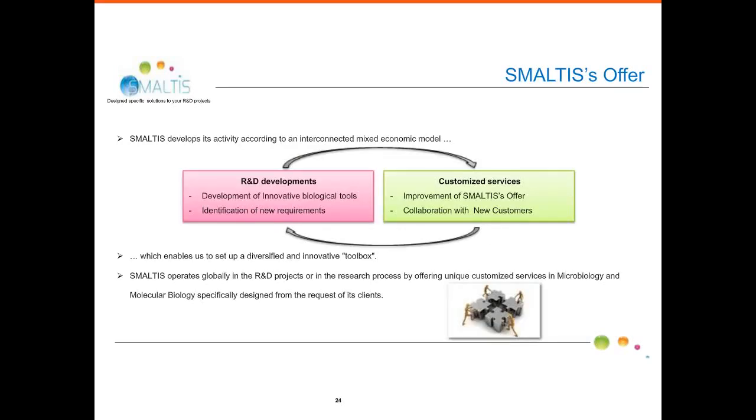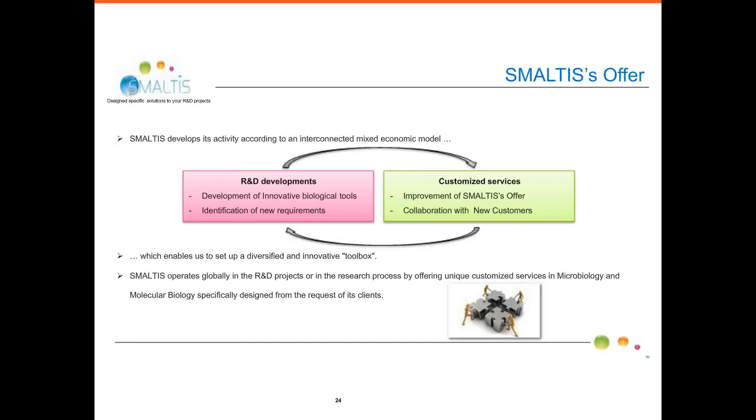So, relying on our research abilities, we developed our activity according to an interconnected mixed economic model, which enabled us to set up a diversified and innovative toolbox. As you can see on this figure, the SMALTIS team focuses on developing innovative biological tools in order to improve our service offer.